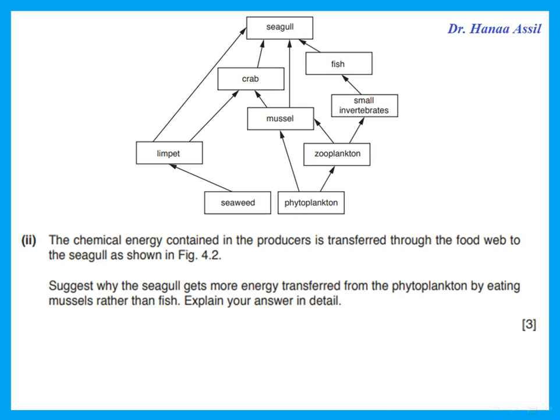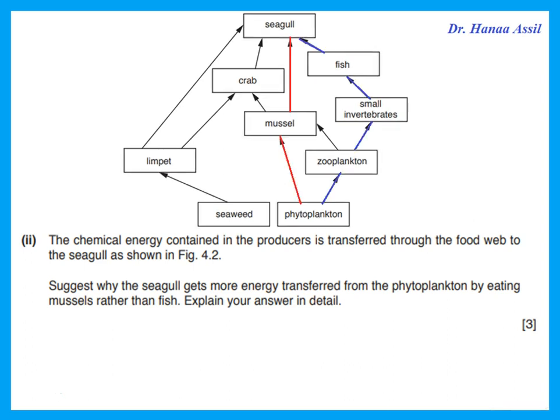Suggest why the seagull gets more energy transferred from the phytoplankton by eating mussels rather than fish. If you look at the food web, we're going through phytoplankton, mussel, seagull. Can you see that? But if I go through the fish, then I have to go through zooplankton, small invertebrates, fish, and then seagull.